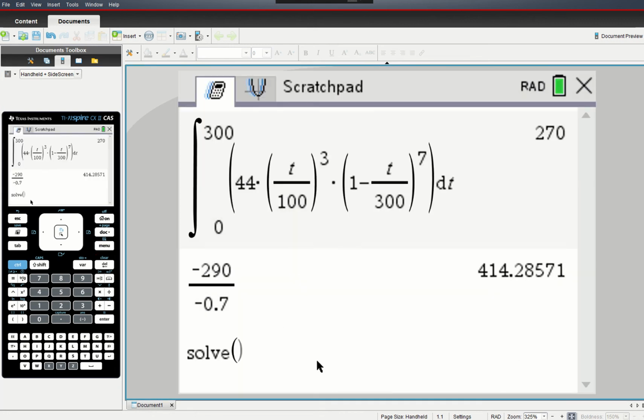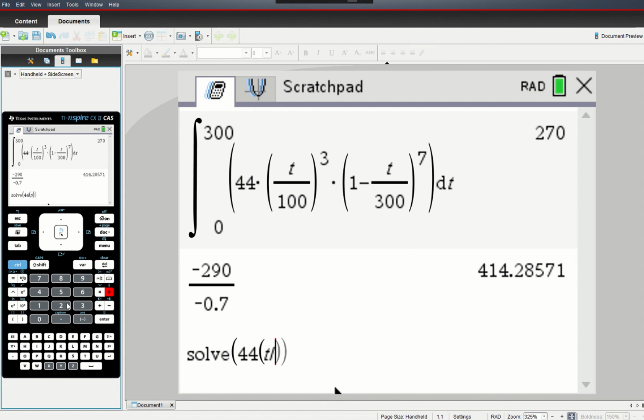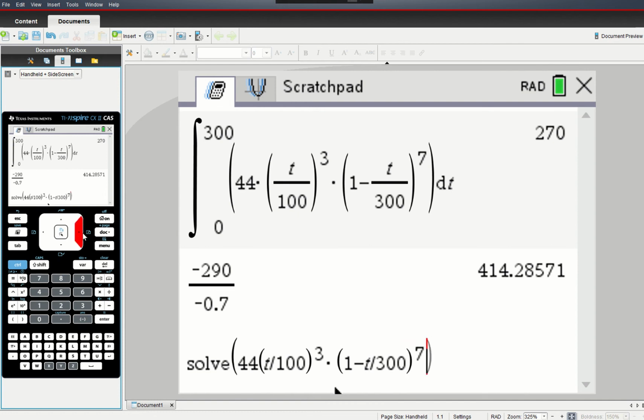We're going to solve, and we want this function 44 times t divided by 100 to the third power, times, in parentheses, 1 minus t divided by 300 to the 7th power. We want that to be equal to 0.7, and we're solving for the variable t.